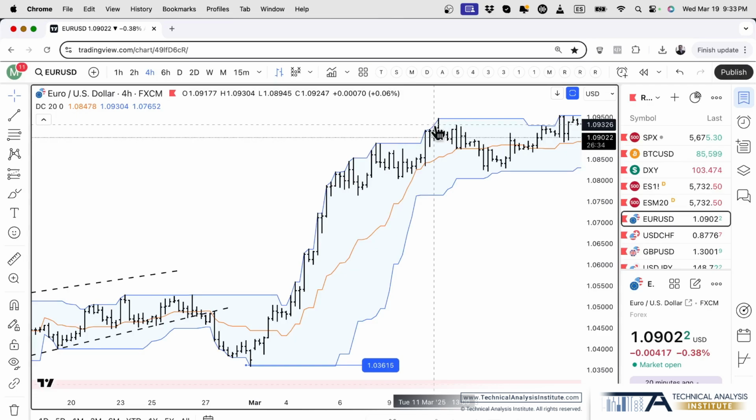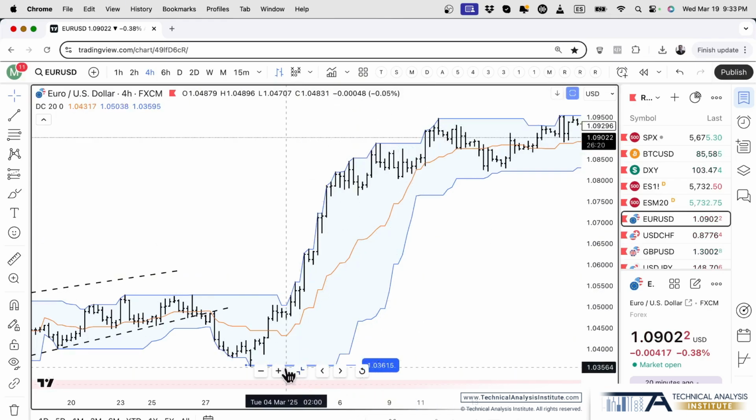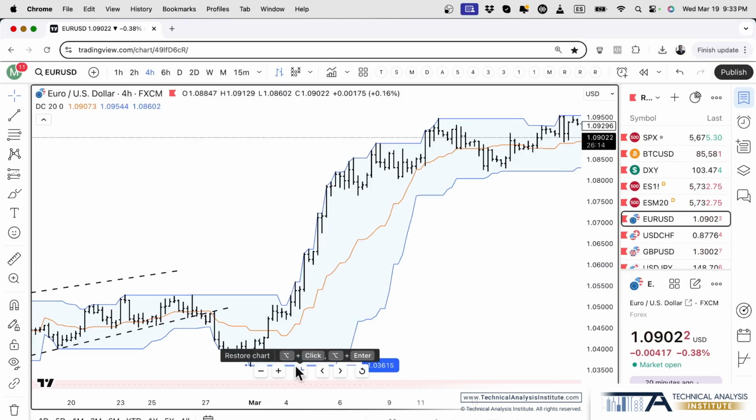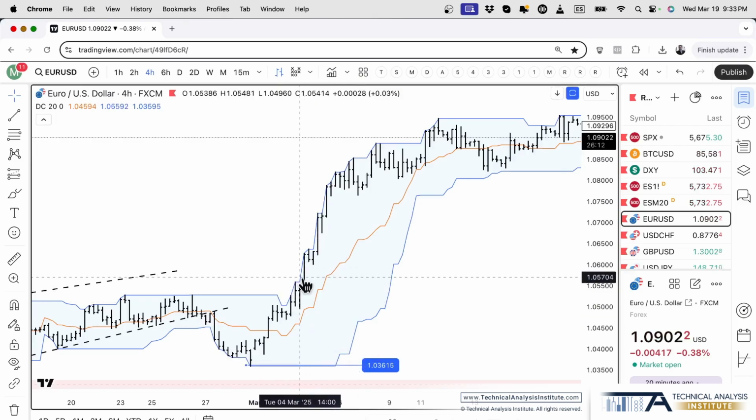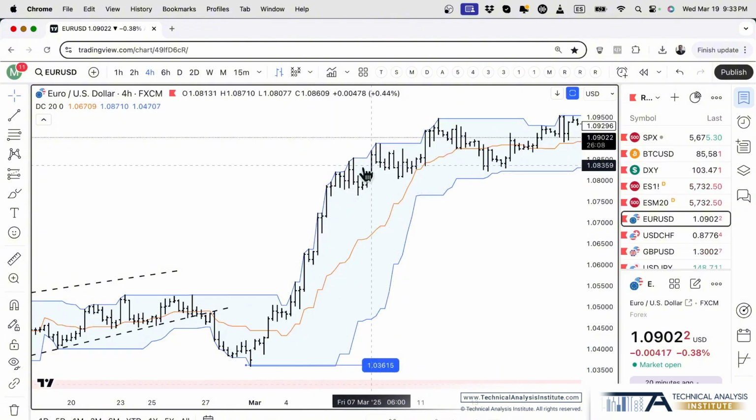People usually wonder where to place a stop based on this strategy. Typically, the recommended stop is the opposite band, meaning that if you go long here, your stop would be here. So if you are long here, your stop would be the same, and so forth. So now here, the stop would be here.